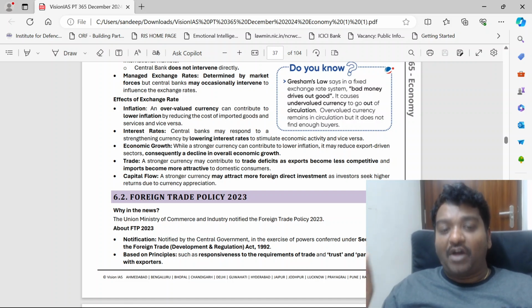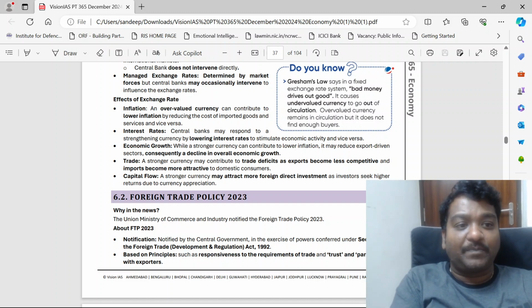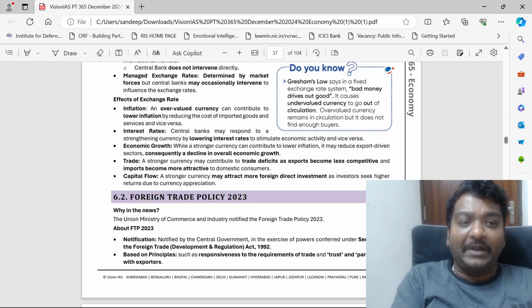Trade: a stronger currency may contribute to trade deficits because exports will become less competitive. What is the meaning of exports becoming less competitive?